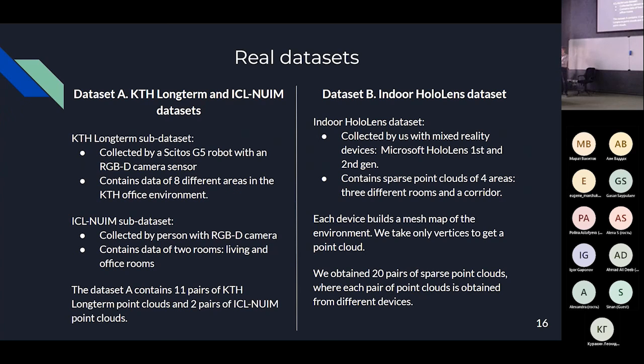Dataset B is a dataset collected by us with mixed reality devices, Microsoft HoloLens first generation and Microsoft HoloLens second generation. This dataset contains sparse point clouds of four areas, three different rooms and a corridor.